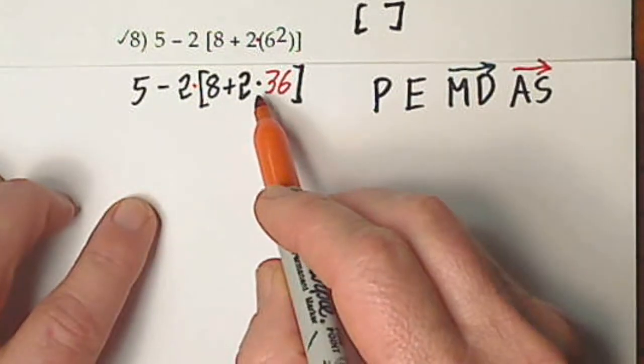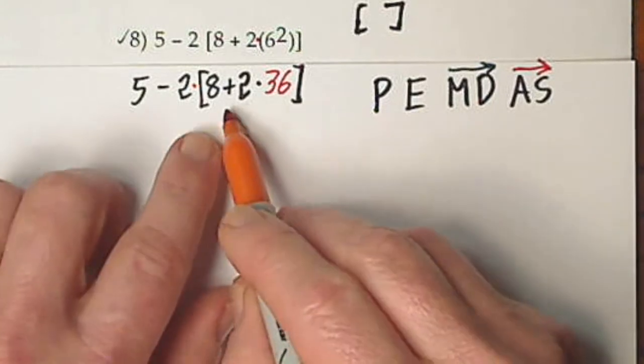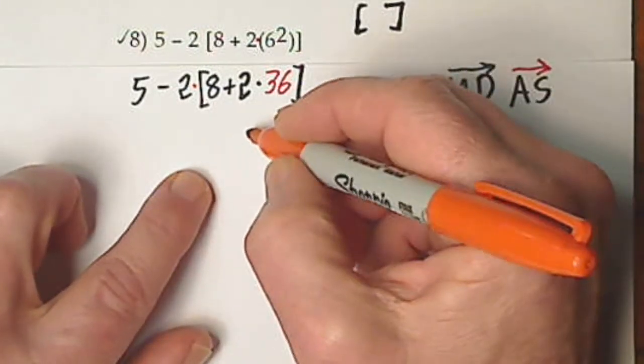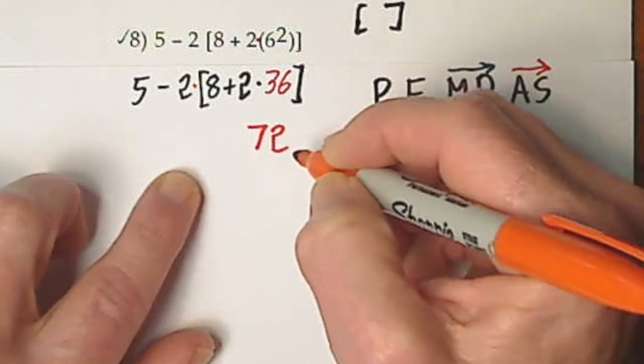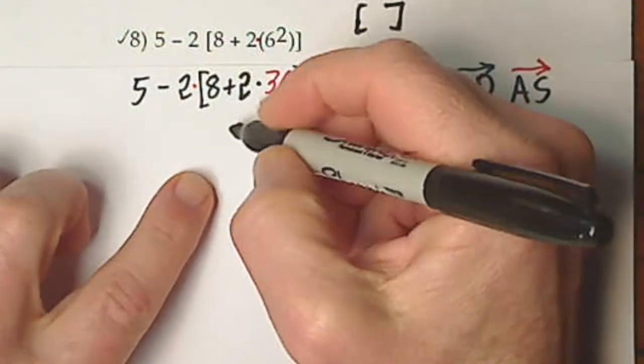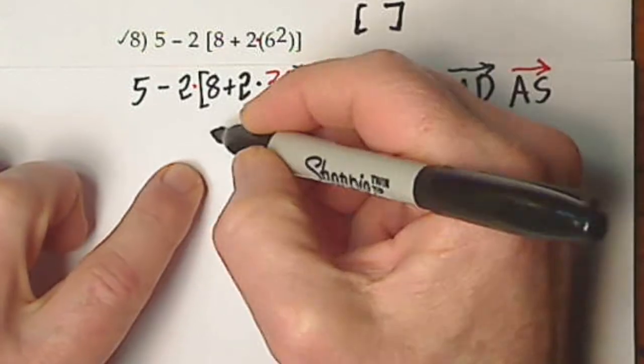Within parentheses, here you have a multiplication, so again, you have to do that before this addition. 2 times 36 will give us 72, and I'll bring down whatever I haven't used. So this plus sign, well, I haven't really used it.